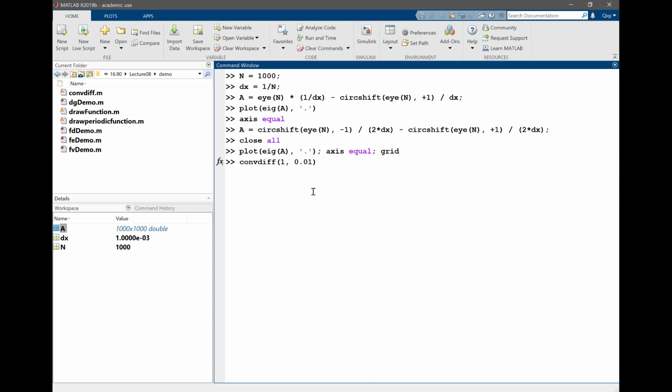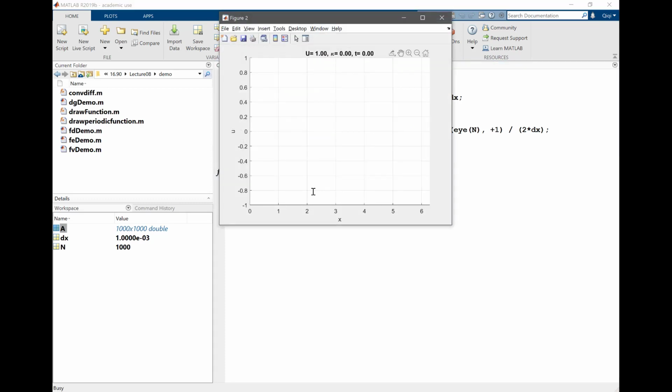So basically, when kappa is small, our solution should be pretty similar to what we had before, when kappa is equal to 0, because I'm adding really a tiny term. The purpose is so that you can still see roughly the behavior before and see how this addition of a small second order derivative is going to change the behavior of the solution.